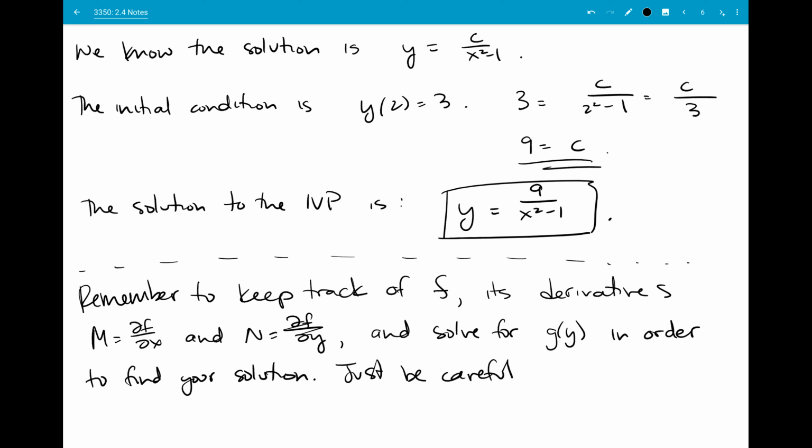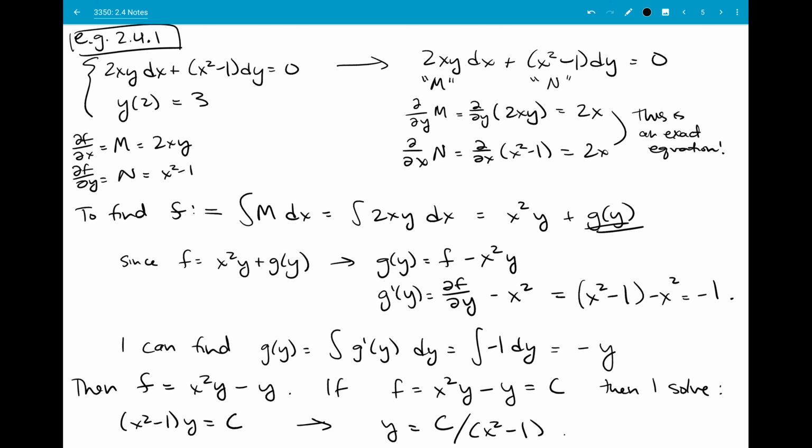So really just be careful and write everything down, to make sure that you don't lose things in your integration. It's really easy in this first step to forget about g of y, and then you think that you're done, and it's a surprisingly easy problem. So if you are working one of these problems and you don't solve for g, something went wrong. If you don't set equal to a constant, you've done something wrong.